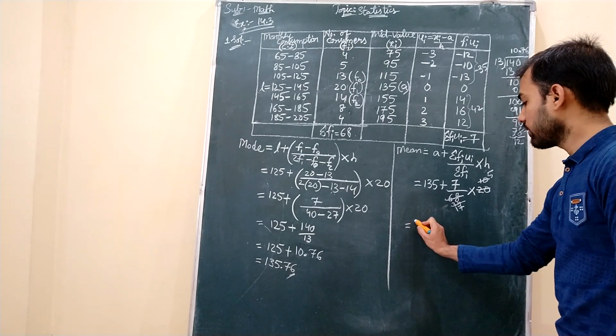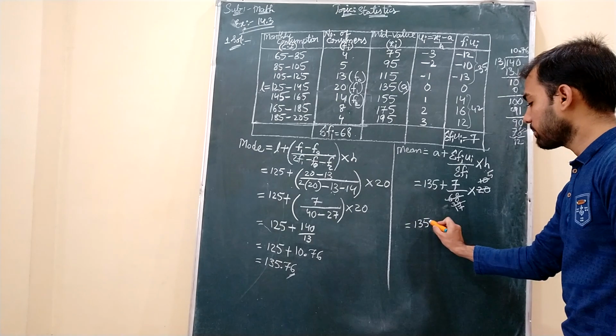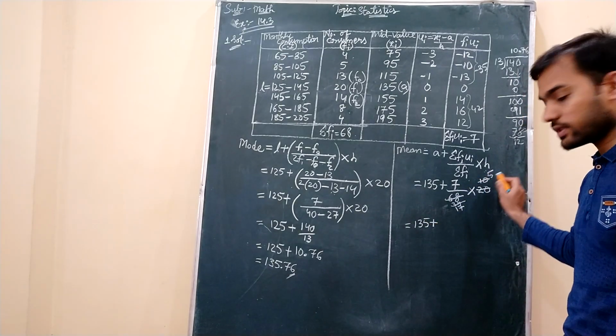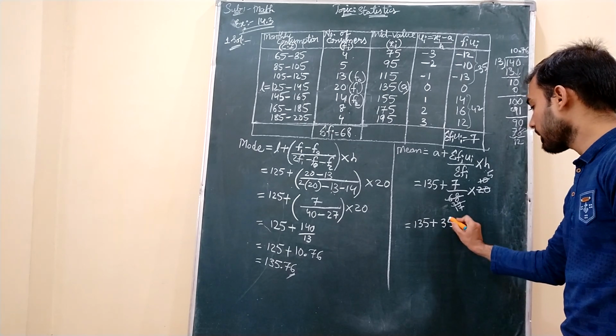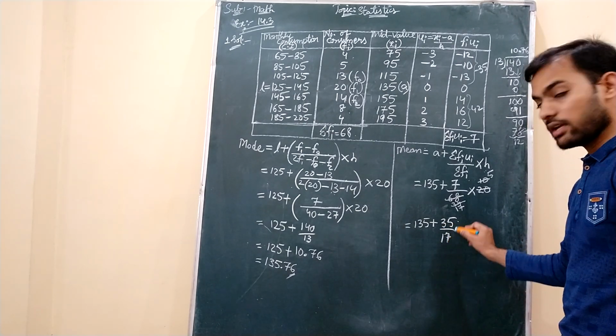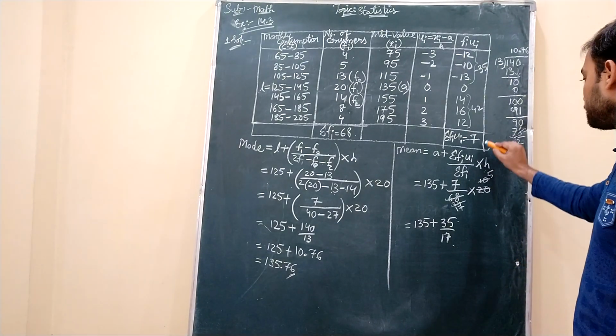So we got 135 plus 7 into 5 we are having. So 7 fives are 35 divided by 17. Now we will divide 35 and 17 in rough column.